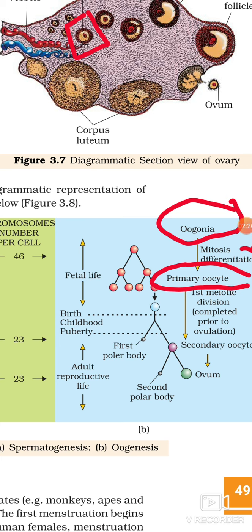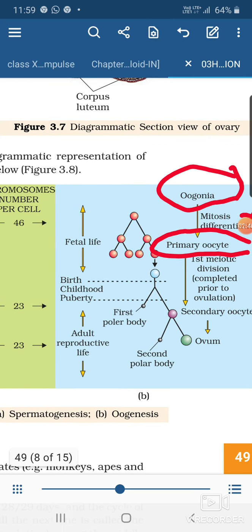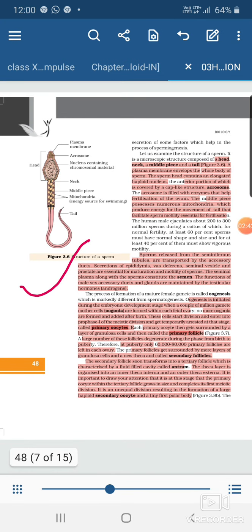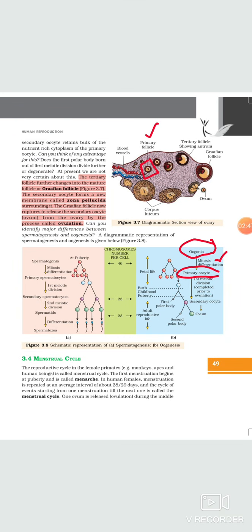Now as the girl matures, she moves from birth to childhood and then to puberty. During this phase from birth to puberty, many of the primary follicles degenerate. So on reaching puberty, around 60,000 to 80,000 primary follicles are present in each ovary of the girl.